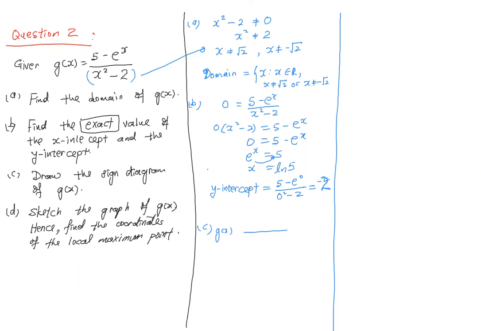Then after that? Then plot the x-intercept, which is ln 5. Okay, ln 5. So this is approximately 1.61. I give you the approximate number.